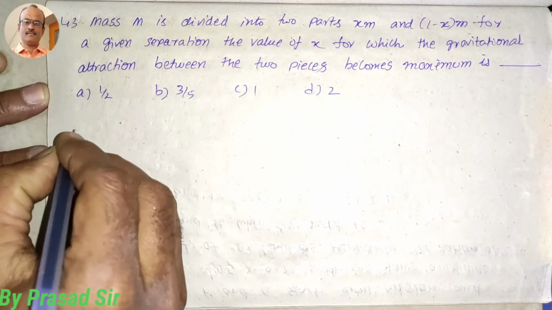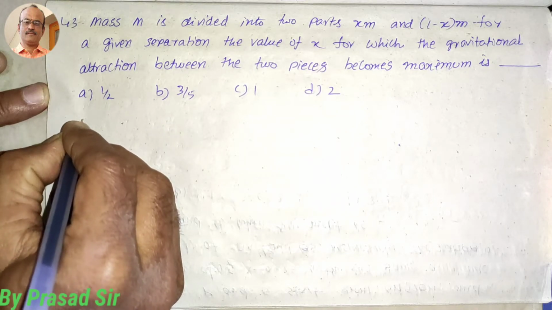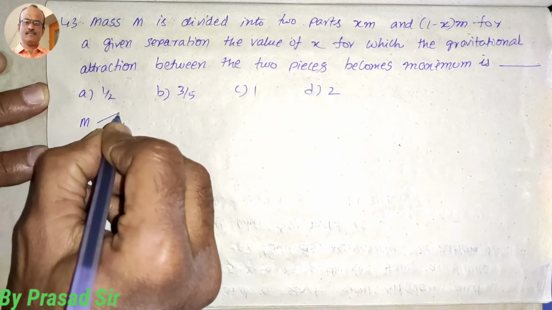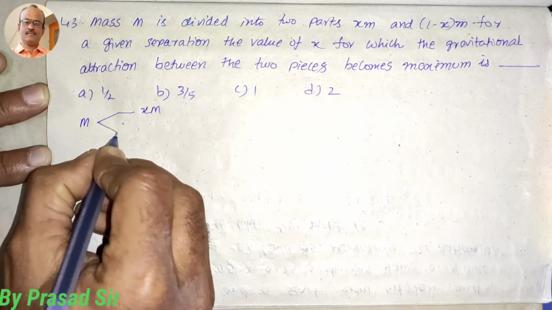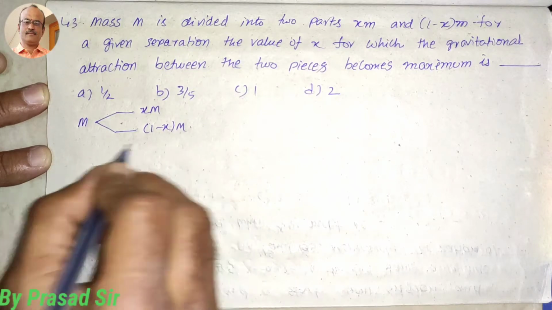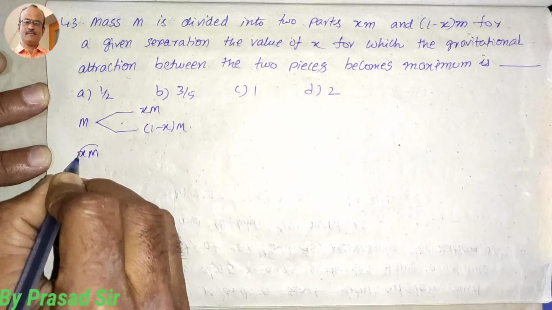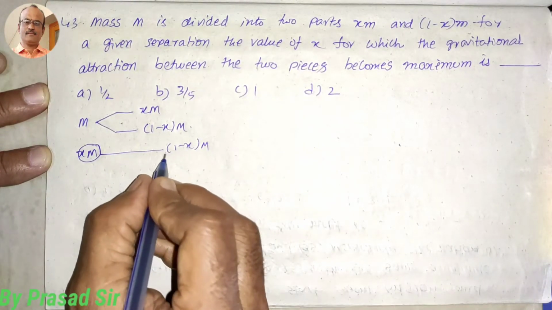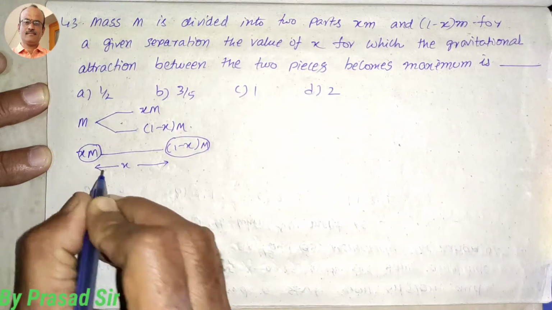So here, first of all, there is a mass capital M. That mass M is divided into two pieces, x m and (1 minus x) m. Then those two are separated by some particular distance.